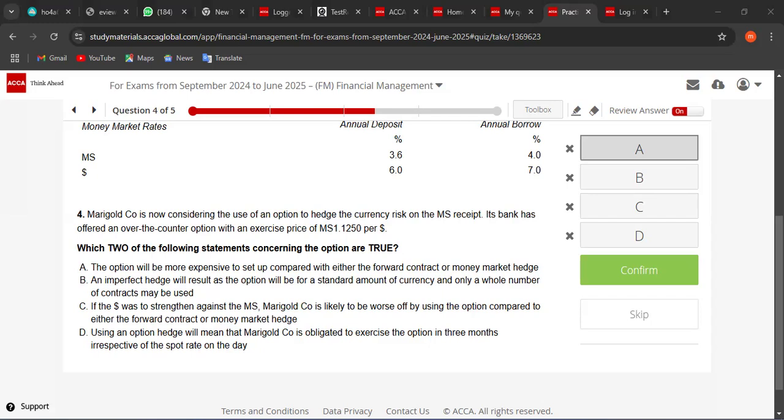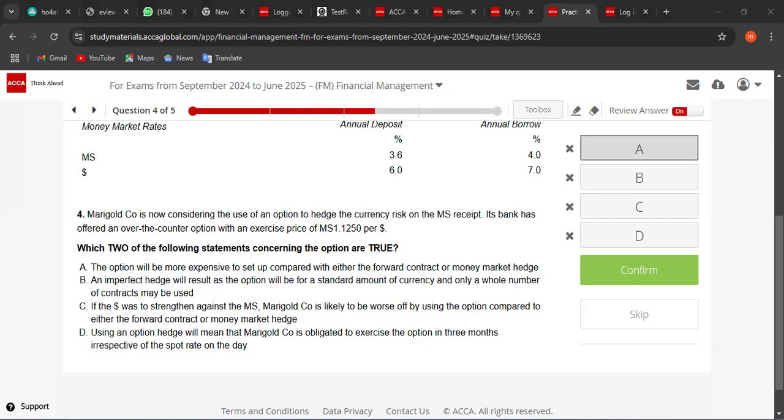And if you convert at this rate, then you are getting 264310.